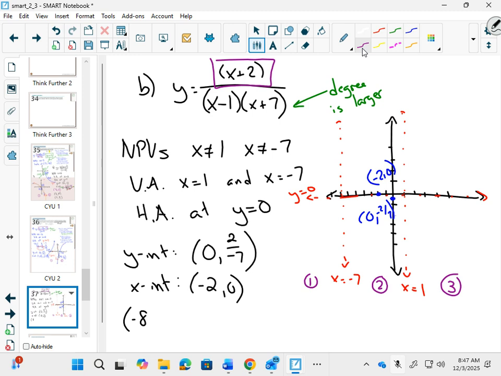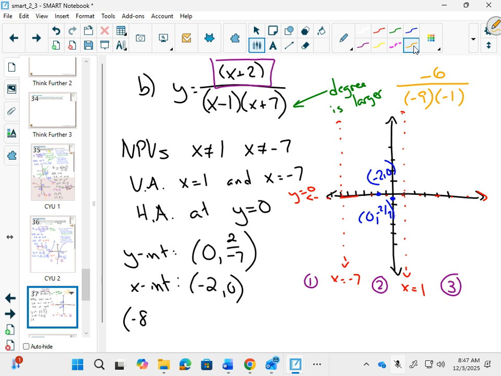If I plug in negative 8, and I'm going to just do my work up here in orange. Do you see on the top, if you plugged in negative 8, you would get negative 6. And I actually like the factored one because it makes my mental math pretty easy. Negative 8 minus 1, negative 9, negative 8 plus 7, negative 1.